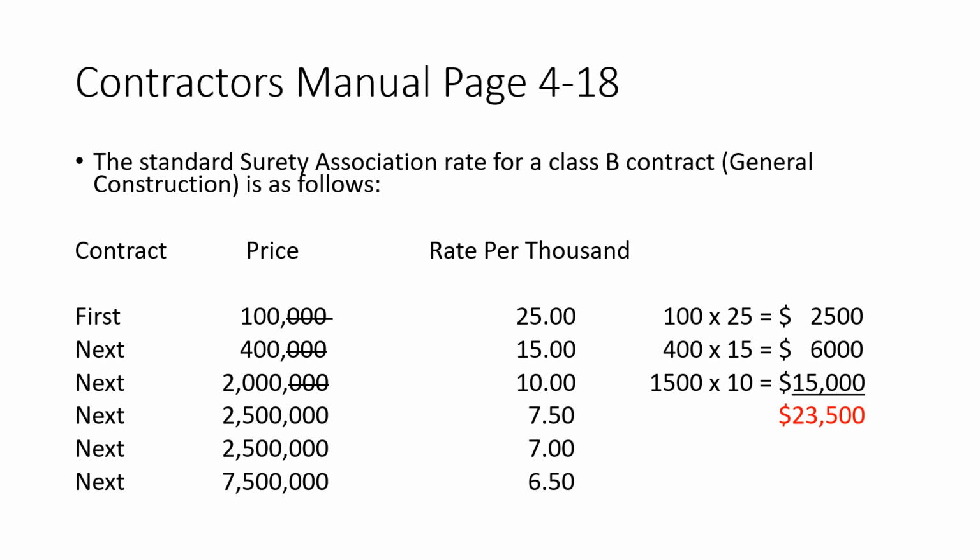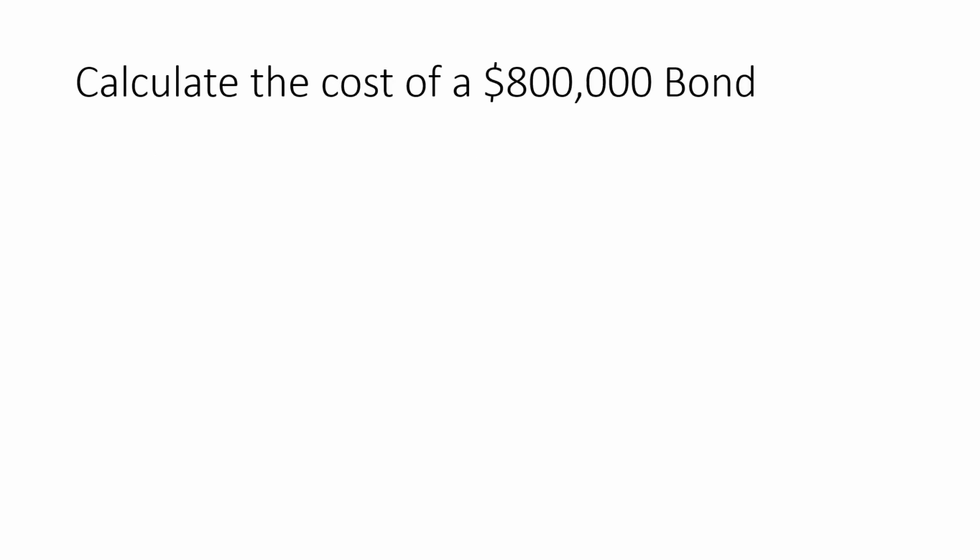And now we're going to do one for $800,000. So what I want you to do is hit the pause button. Use the schedule on page 4-18, and calculate the cost of an $800,000 bond. Calculate it out, and let's see how you did.